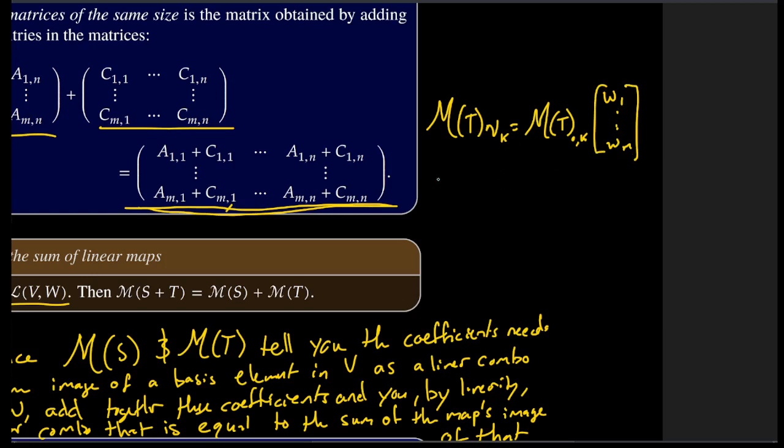Okay, cool. Now, if you do this with two things, it's just from the definition of matrix vector multiplication that you're used to. Okay, sweet. So if you do this for MS of vk, you get MS of dot comma k, and then the same w1 down through wm, add them up. All right, so do it together.